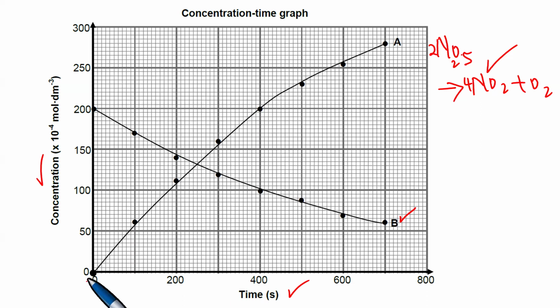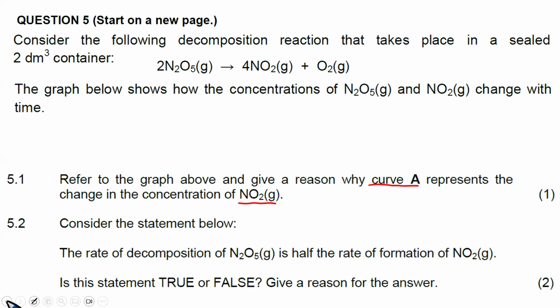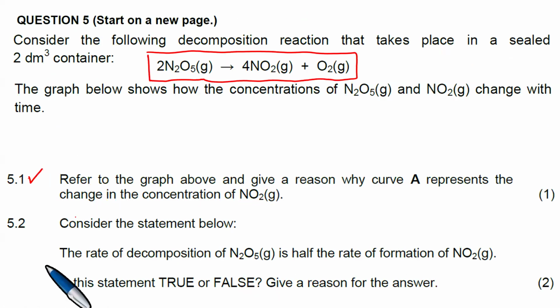Now we can see that the initial concentration is 0. Graph A starts from the origin, meaning in the beginning, we did not have the NO2. We did not have anything in terms of the products, of course, and that would be the giveaway there.